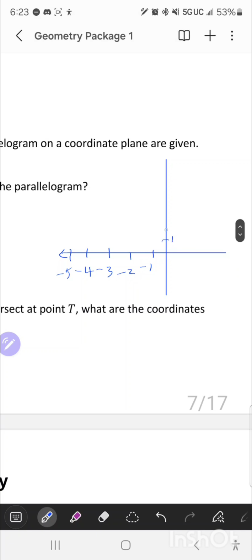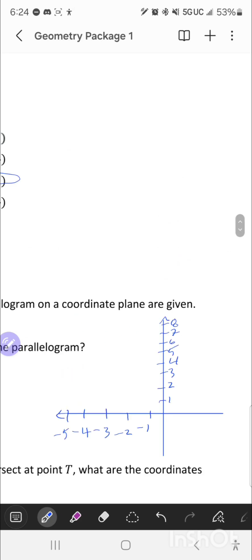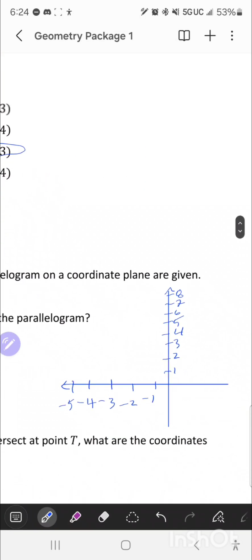Now, 1, 2, 3, 4, 5, 6, 7, 8. I always like to have square ruled paper to do these kinds of things. Especially with geometry, it's going to save your life later on when you're working with triangles, or with volume or other illustrations, because the drawing helps you so much to solve these exercises.